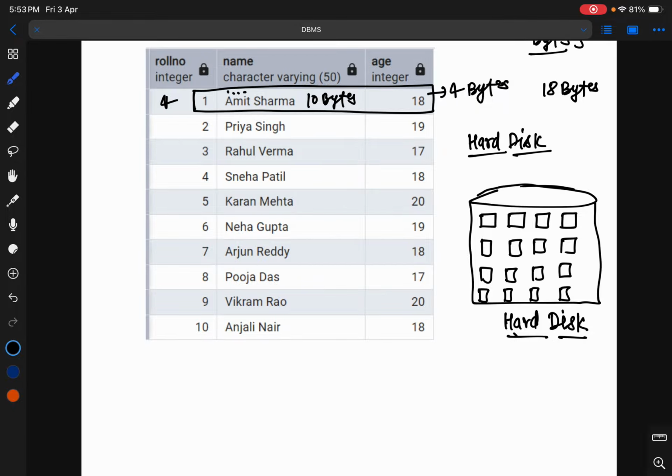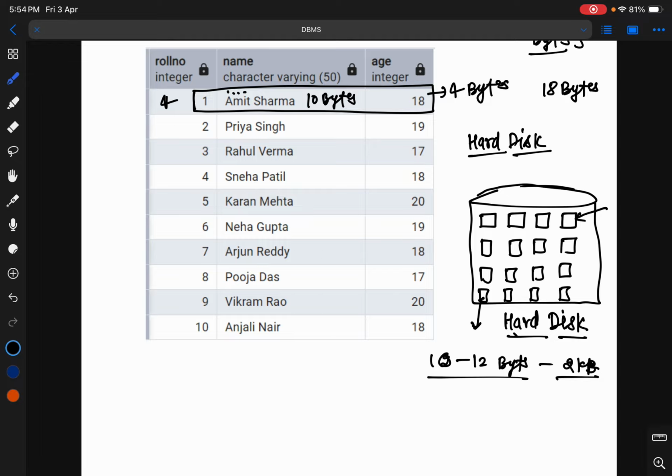One block can be of size, for example, usually 512 bytes to 2 kilobytes. It can range in this range, but everything in the hard disk is stored in these smaller blocks. Whenever we talk about blocks throughout the course, we are referring to these hard disk blocks where actual data is stored.